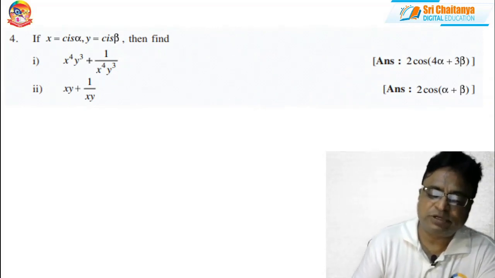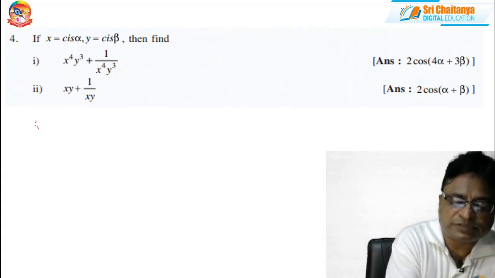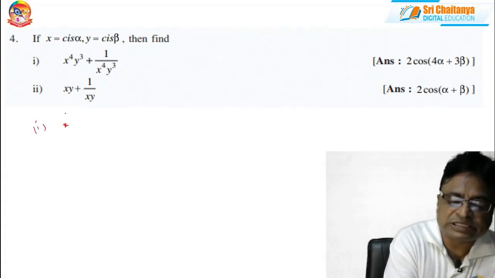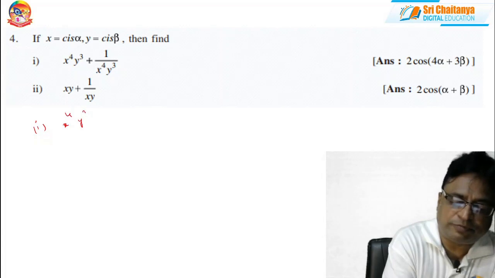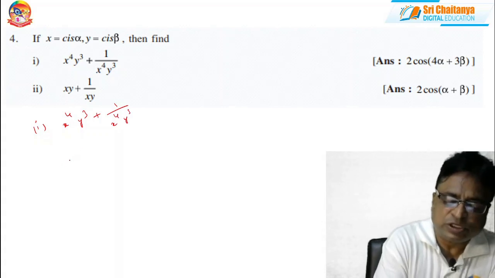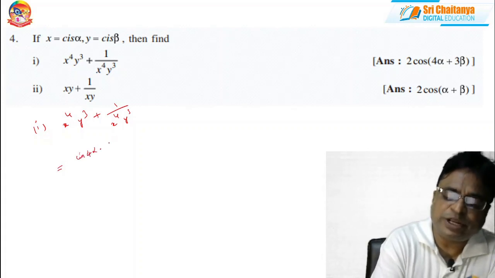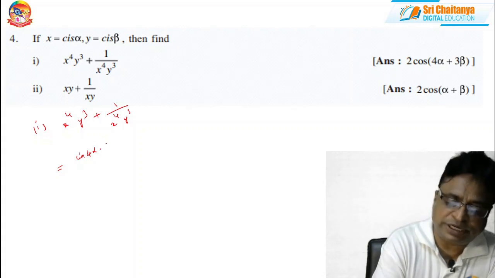If x is equal to cis alpha, y is equal to cis beta, then the first problem: x power 4 y cube plus 1 by x power 4 y cube. So what is x power 4 y cube? That is cis 4 alpha into y cube, which is cis beta whole cube, that is cis 3 beta.